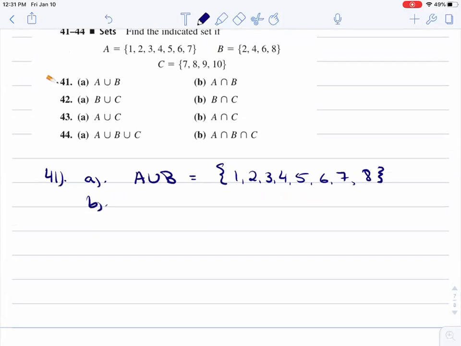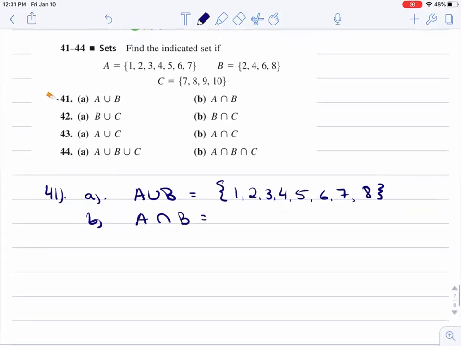How about part B, if we want A and B? Yep, nice. 2, 4, and 6 are in both of the sets.